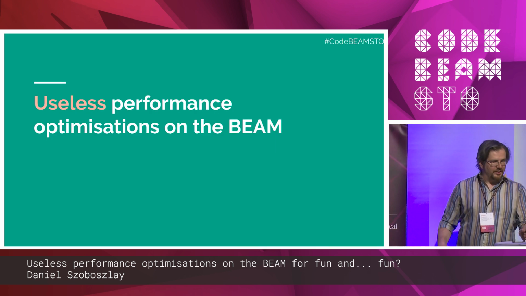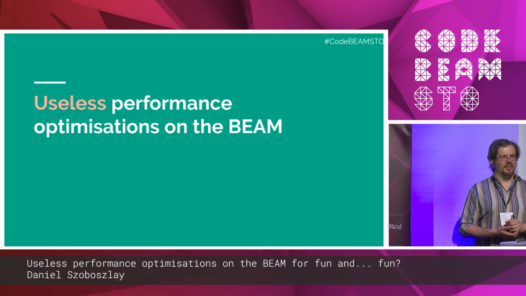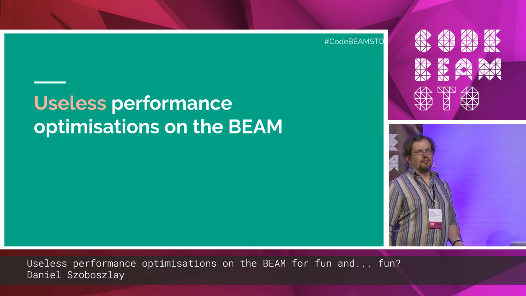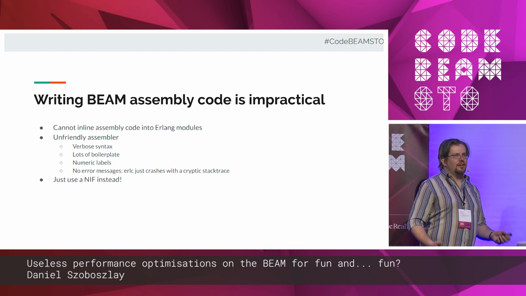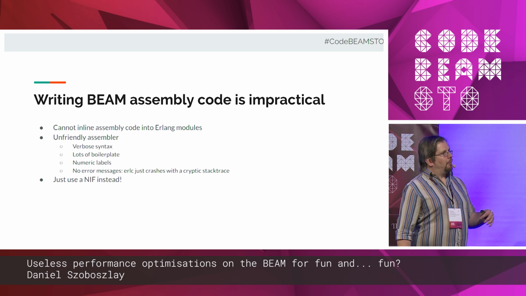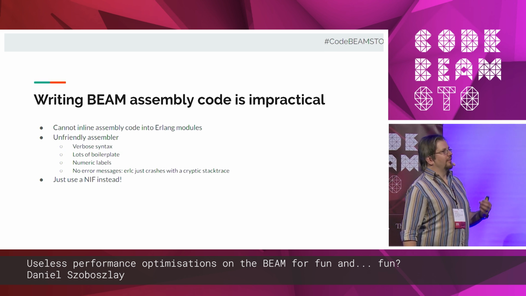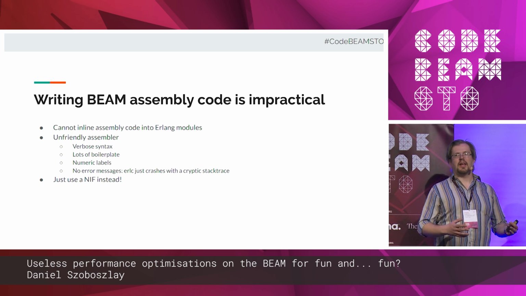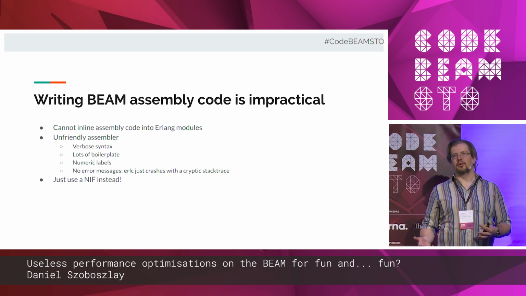So finally, useless performance optimizations on the BEAM. Why do I say that these optimizations are useless? Mostly because writing assembly code manually is very, very impractical. My biggest reason for calling it impractical is that you cannot embed assembly code into Erlang code.